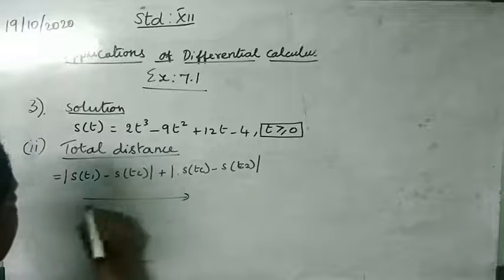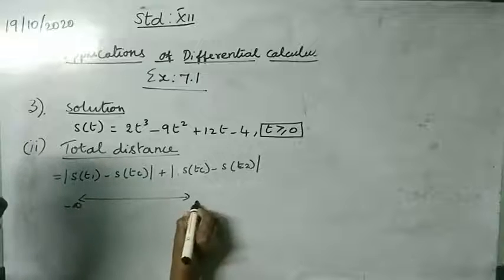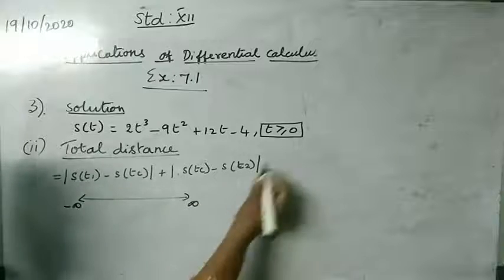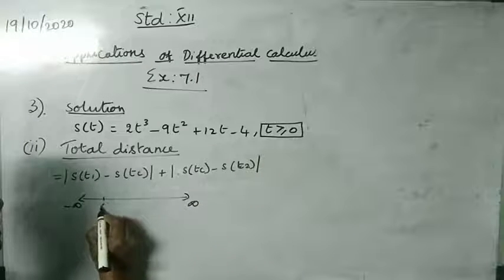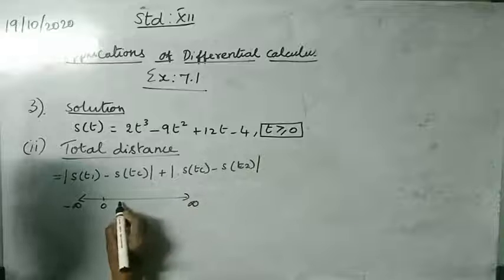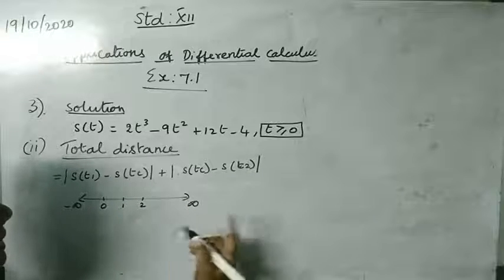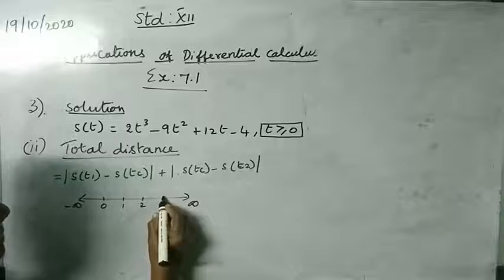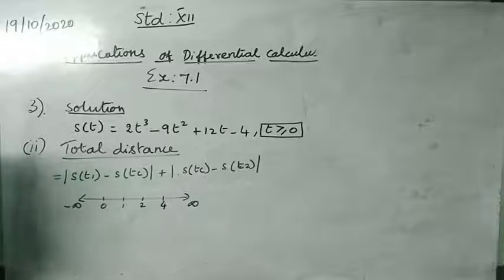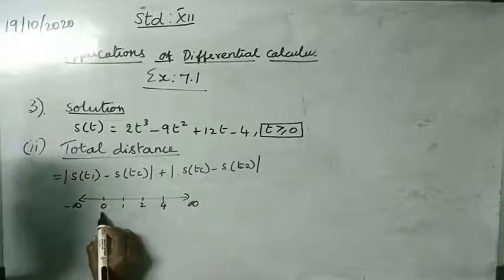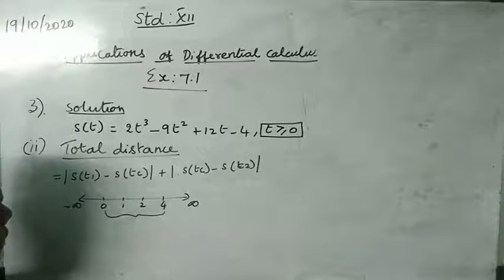Let me take a number line, minus infinity, plus infinity. The minimum value for t is 0. When v equal to 0, we are getting t equal to 1, t equal to 2. And here we want to find the first 4 seconds, so the maximum number is 4. So these are the 4 values we want to take.